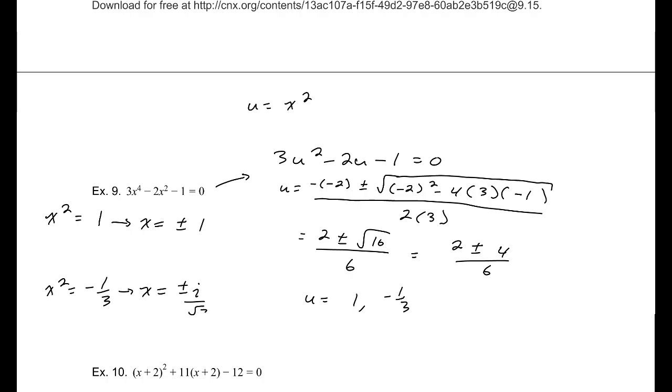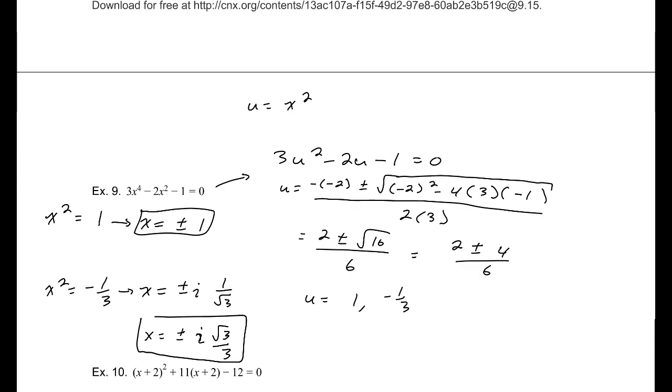Let's write that as i times 1 over square root of 3. Another way to write that would be x equals plus or minus i times root 3 over 3, multiplying by square root of 3 over square root of 3. And so our four solutions are these right here.